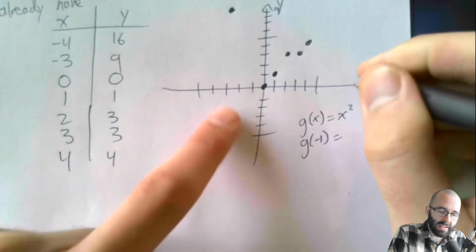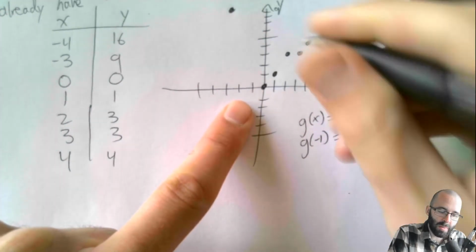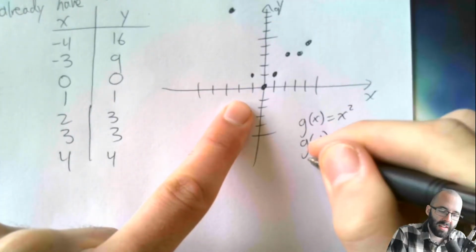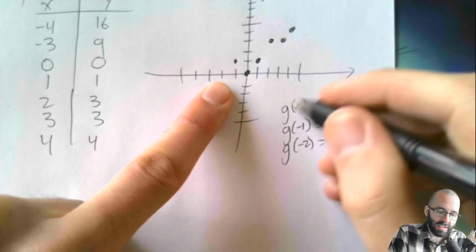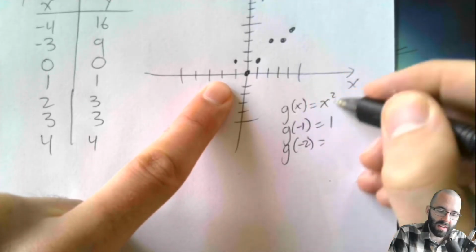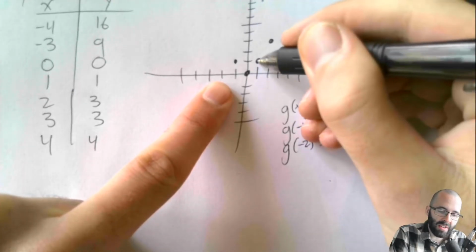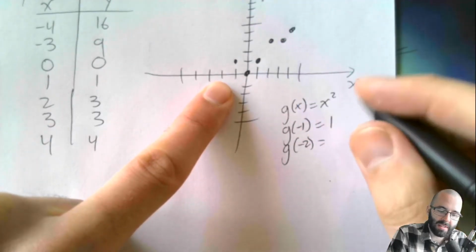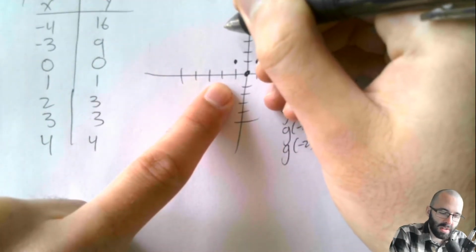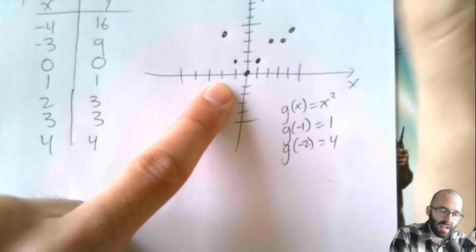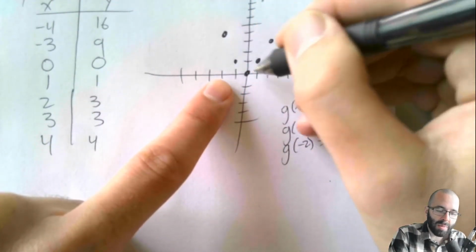And when x is negative 1, negative 1 squared is positive 1. We can add that. When x is negative 2, negative 2 squared is positive 4.